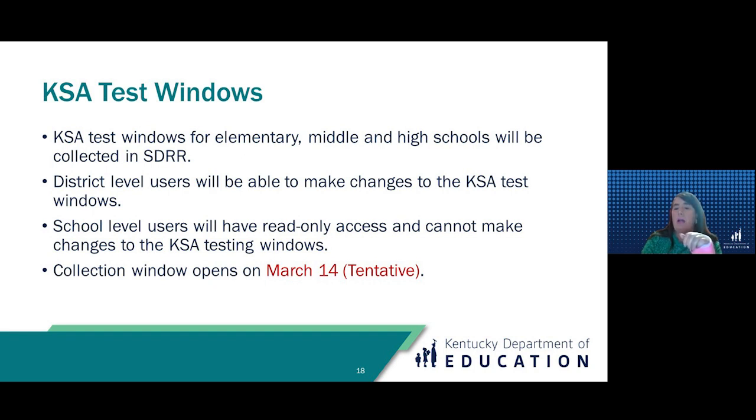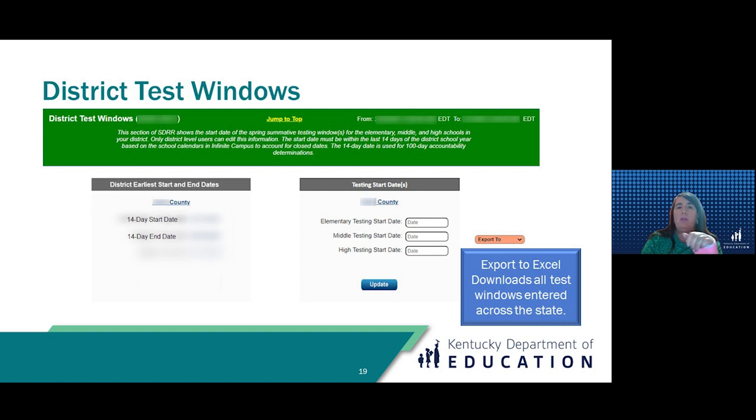We've talked about this particular slide, so let's see what that screenshot looks like. You'll notice that for this one, it'll have the earliest date on the left pre-populated for you. That's why it's very important that I talked about your rosters being correct in Infinite Campus, and that that information pulls over from your calendars correctly.